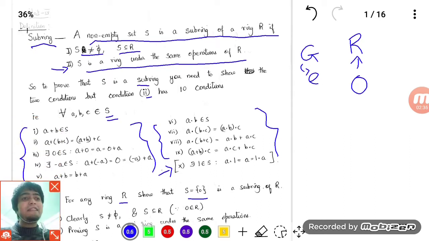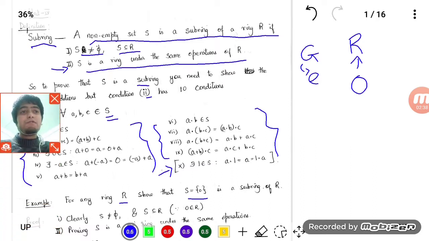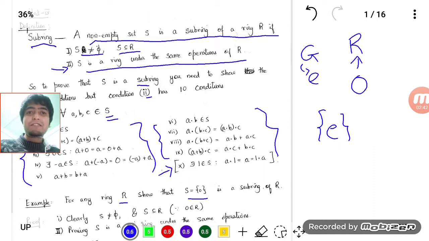It is the additive identity, if you remember. You remember, if you take only E, it will be a subgroup of G, right? So similarly over here, if we take only 0, it will be a subring of R.